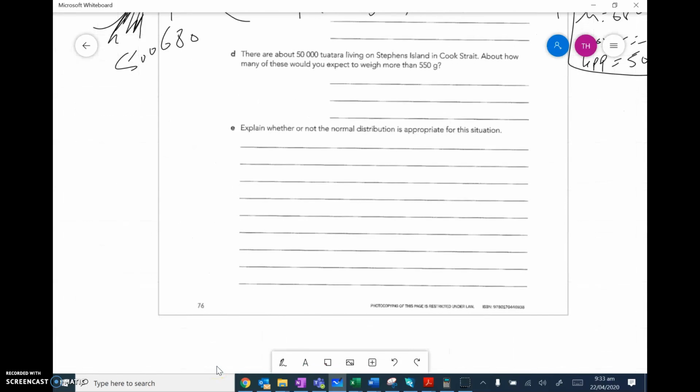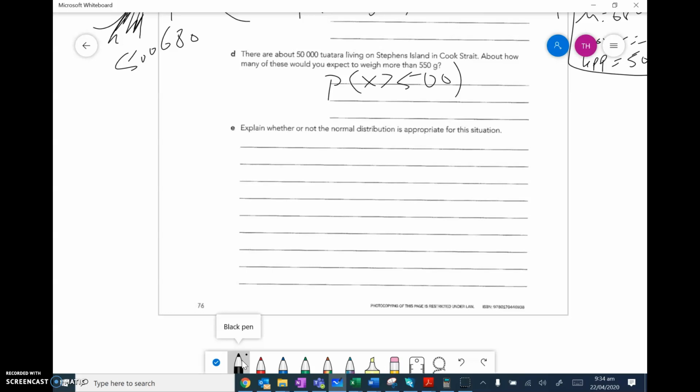Okay, next one. There are about 50,000 tuatara living on Stephens Island in Cook Strait, but how many would you expect to weigh more than 550? So first of all, I need to work out the probability that x is greater than 550.